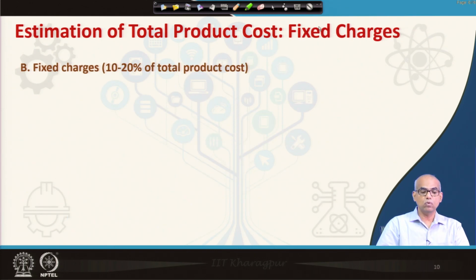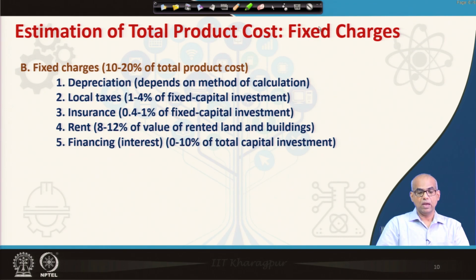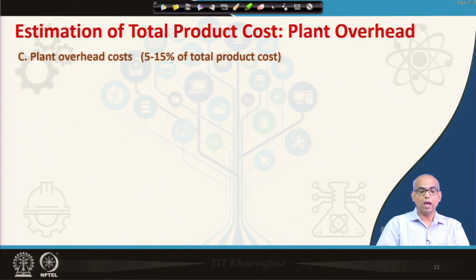Fixed charges will be about 10 to 20% of total product cost, and the items that come under fixed charges are depreciation, local taxes, insurance, rent, interest that you pay, and plant overhead cost will be about 5 to 15% of total product cost.